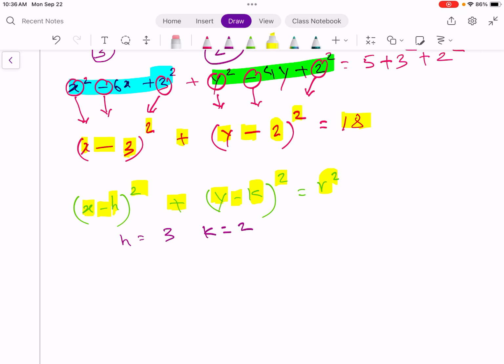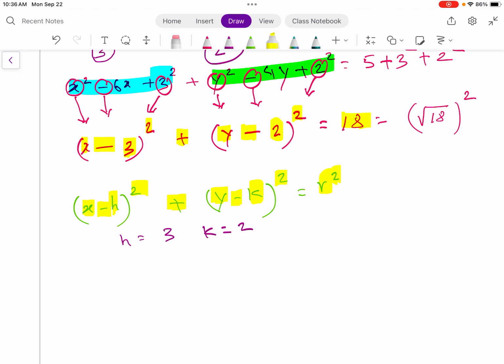Now how can we rewrite 18 as a square of some number? Square root of 18, right? So we can rewrite 18 as the square root of 18 squared. Isn't that the same as 18? So we can cancel the square and square root, and we get 18, right?